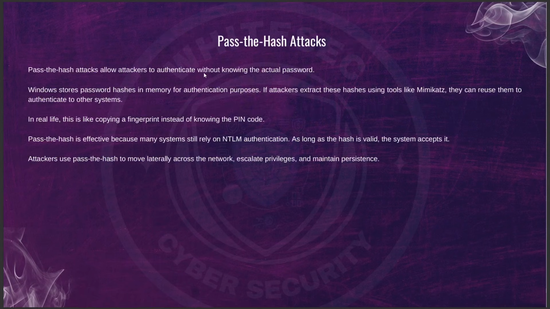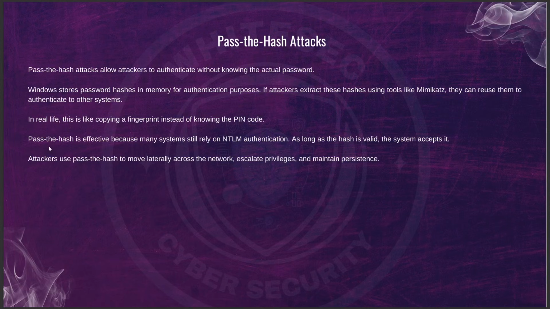Okay, now let's learn about the pass the hash attack. Pass the hash allows an attacker to authenticate without knowing the actual password. Right, without knowing the actual password, you can log in to the system. Okay, Windows stores password hashes in memory for authentication purposes. If attackers extract these hashes using tools like Mimikatz, they can reuse them to authenticate to other machines, other systems.